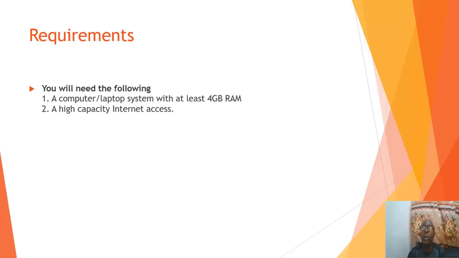The file we are downloading is very huge and it will consume a lot of data. I think it's around 200 megabytes of data. So you need a high capacity internet access to download it.